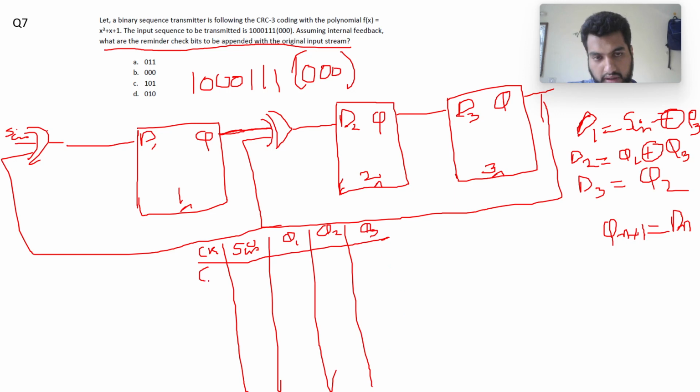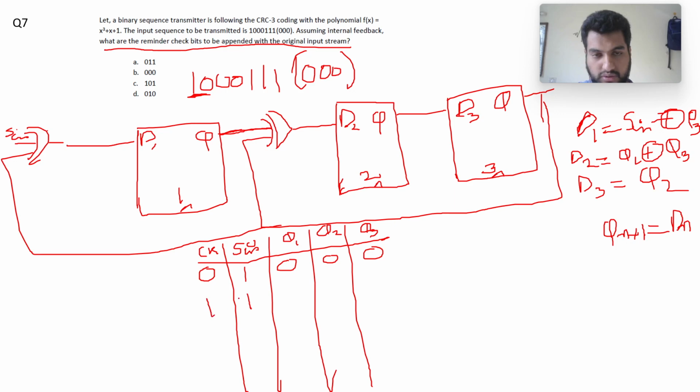So my clock is 0. My S in will be this 1. Starting from here, it will be this 1. Q1, Q2, Q3 will be 0 0 0 in the next clock cycle. So what will D1 be equal to? S in XOR with Q3. So 1 XOR with 0 is 1.